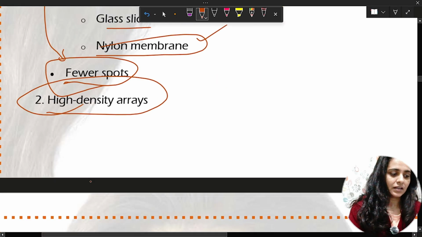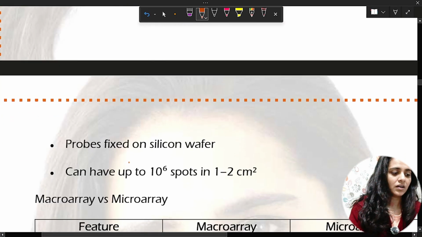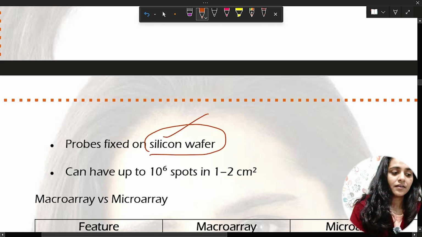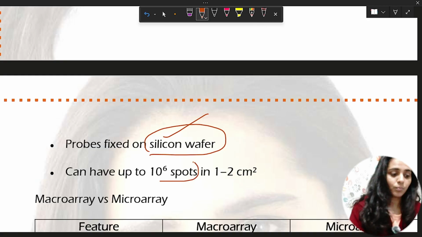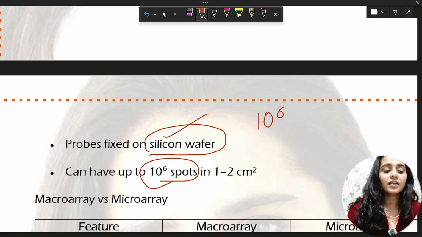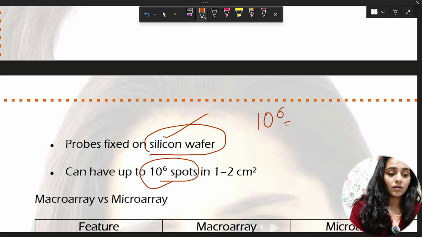Higher density array, how is it different? Here we are using silicon as the solid surface, and the spots number 10 to the power 6, in an area of 1 to 2 centimeters. Like, this is the solid surface.